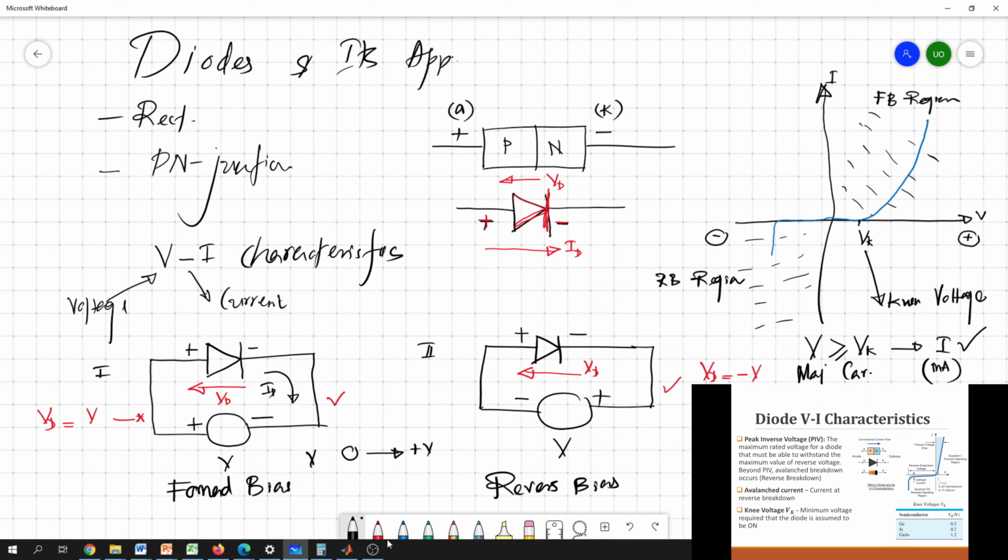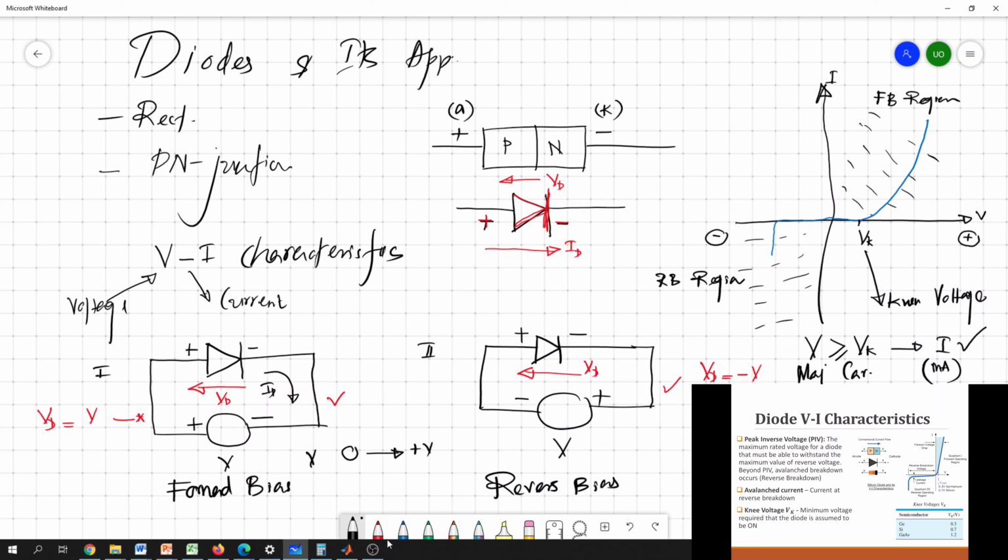We know that once you apply a negative voltage across the diode, due to this negative potential, the depletion region of the diode increases. The width of the depletion region gets increased and increased. Once you increase this reverse bias voltage up to a certain level, this expansion of the depletion region cannot be tolerated anymore. So at a certain point, your diode breaks or is burnt out.